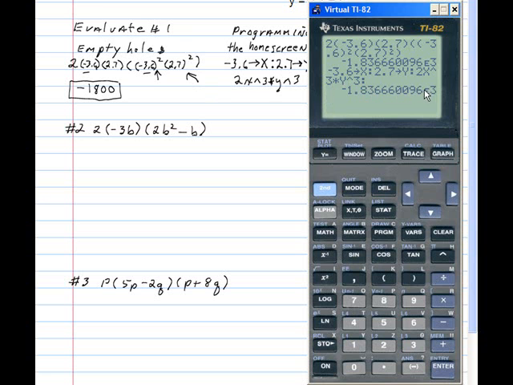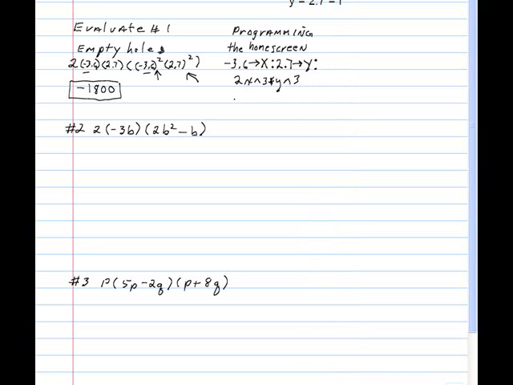I would round it, of course, in the same way. If you want to keep the E notation, you still have to round to 2 digits if you're considering the 3.6 and the 2.7 to be your only approximate number. So if you want to round to E notation using the 2 digits, you would just put negative 1.8 E3.